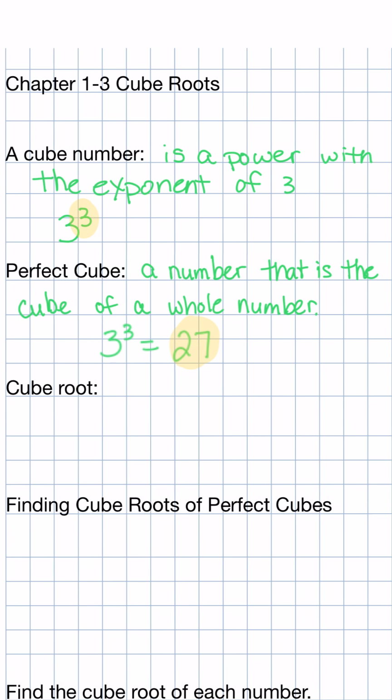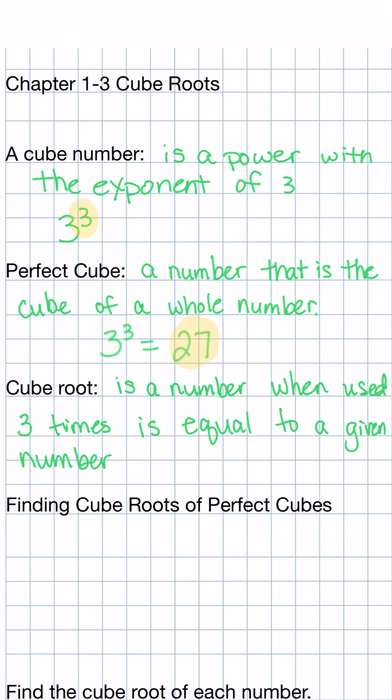It can be divisible by 3 times 3 times a number. The cube root of a number is the number that when used as a factor 3 times is equal to the given number. So using our same example, 3 to the 3rd power equals 27, the cube root is 3.